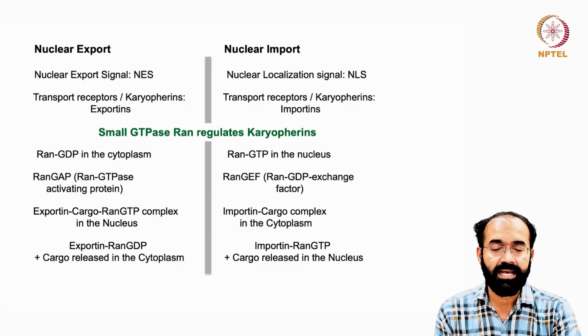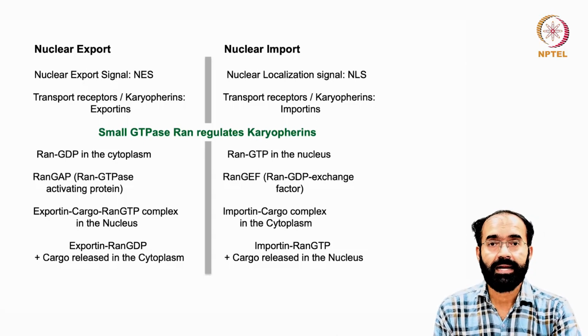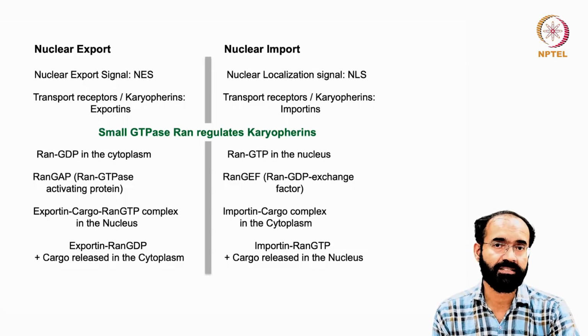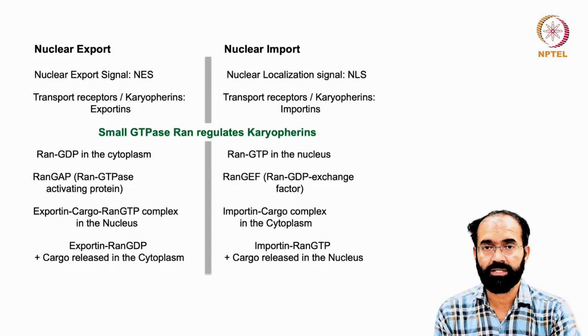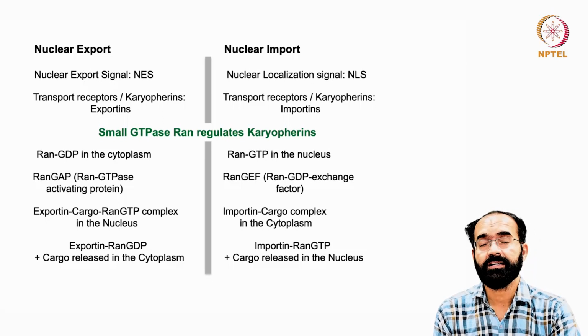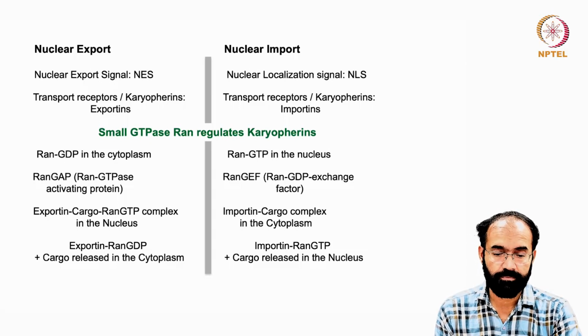What does it indicate? Ran GDP exchange factor. So when Ran is associated with GDP, it needs the support of an exchange factor, somewhat similar to the GTPase activating protein, GAP. The exchange factor is important for exchanging the GDP with a fresh GTP.